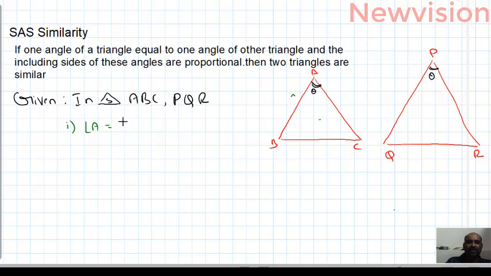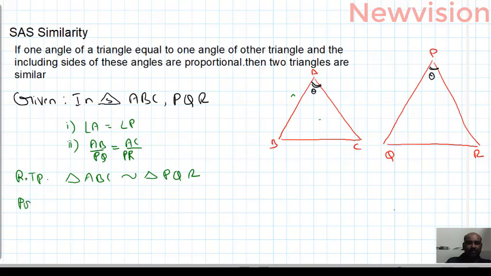Yeah, angle A equals angle P. Second thing is AB by PQ equals AC by PR. What should we prove? Required to prove: triangle ABC similar to triangle PQR.